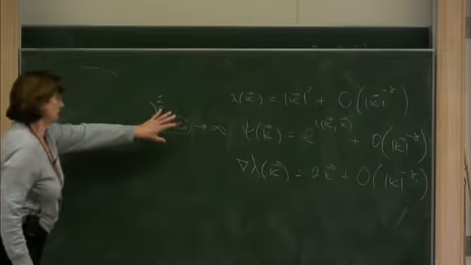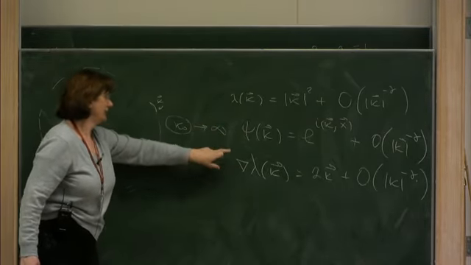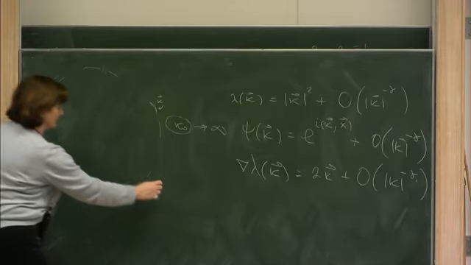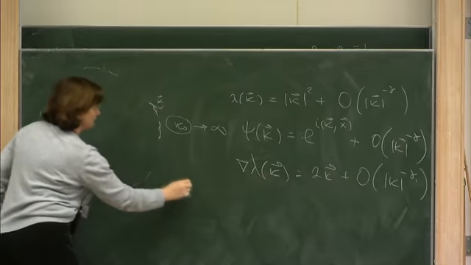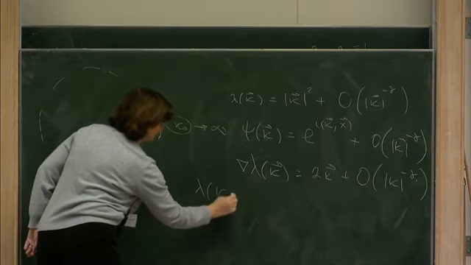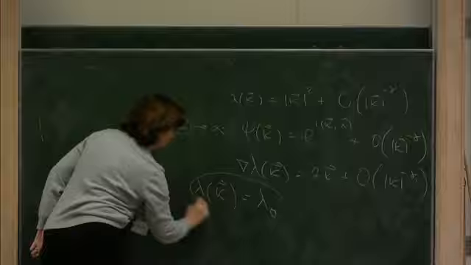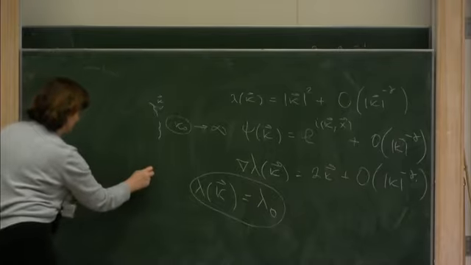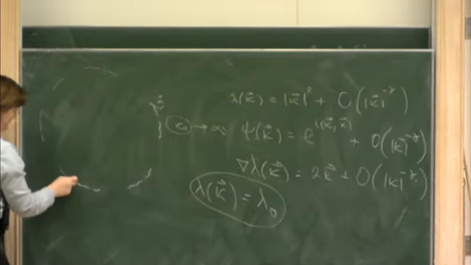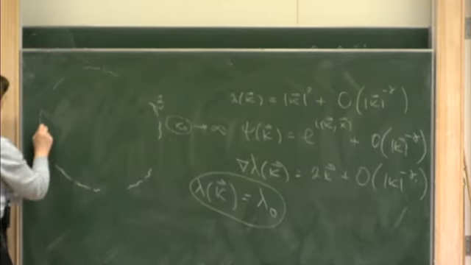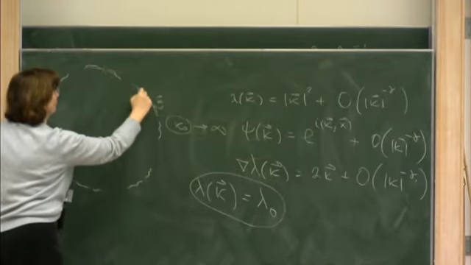So what does it mean? That we can use the implicit function theorem, and we can construct the surface which corresponds to a fixed energy, and it will be a slightly distorted sphere with some holes.